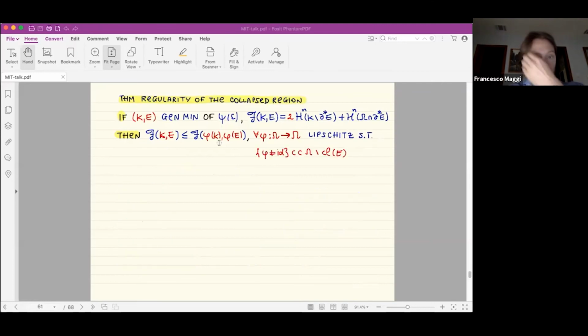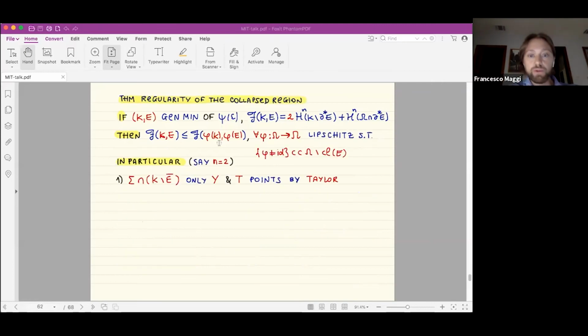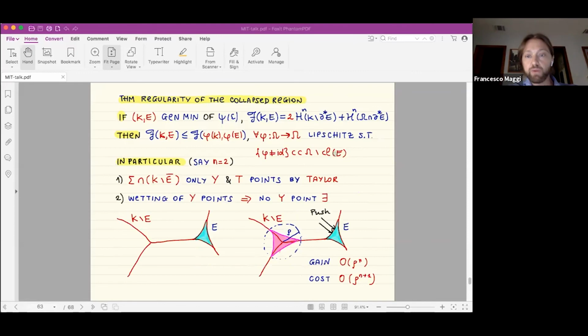But in this theorem, for the regularity of the collapse regions, we do a much more refined analysis because we prove that Lipschitz maps are admissible. The fact that Lipschitz competitors for the collapse regions are admissible tells me that I have only Y and T points in dimension 2, but actually in arbitrary dimension, the top strata of the singular set are given by Y and T points cross copies of R^n with the right dimension.